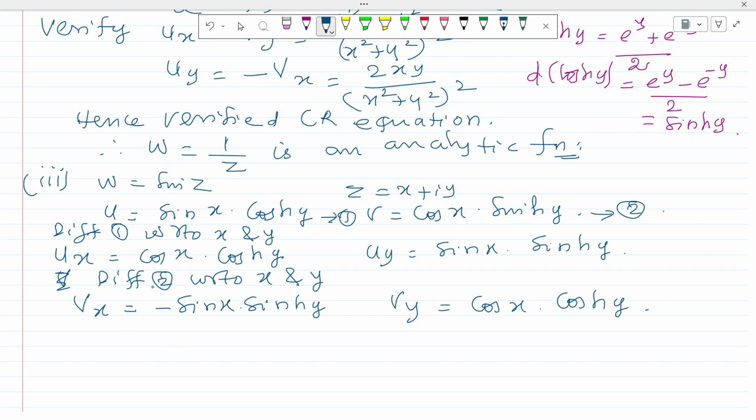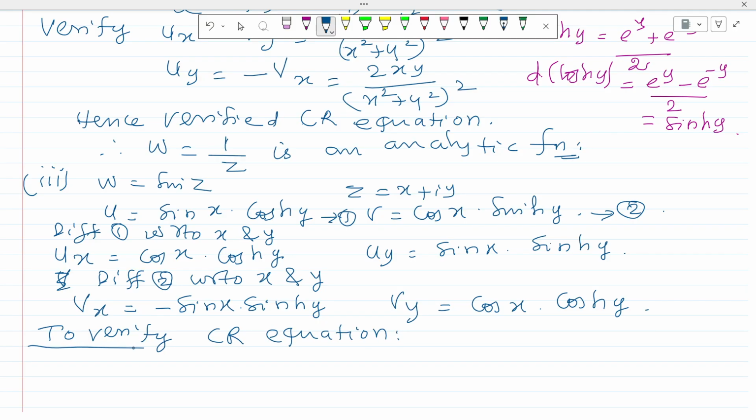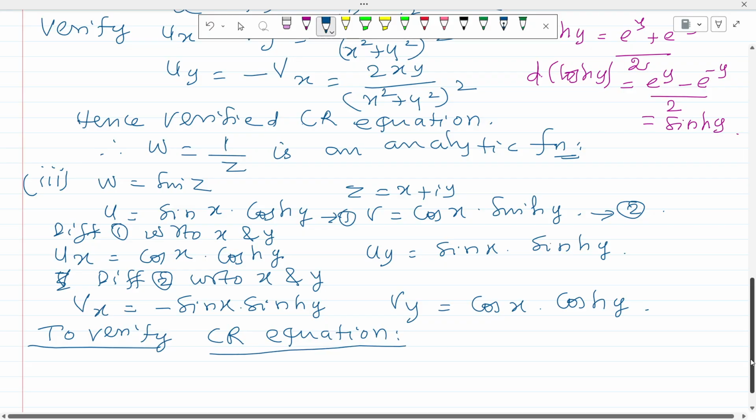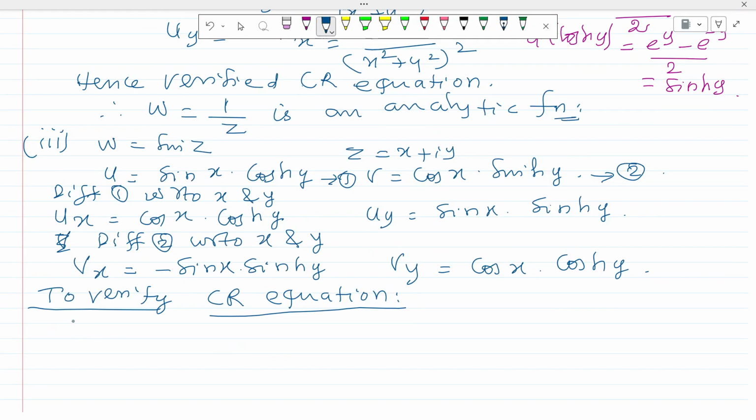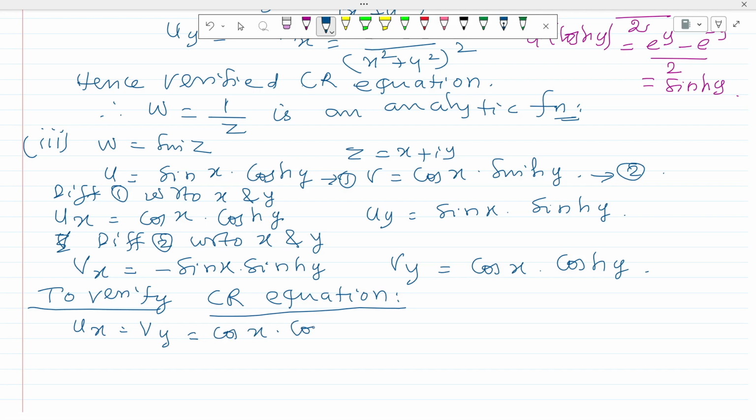Now listen. To verify the CR equations, that is what we have to verify: ux equal to vy. What is ux equal to vy? cos x cos hy.